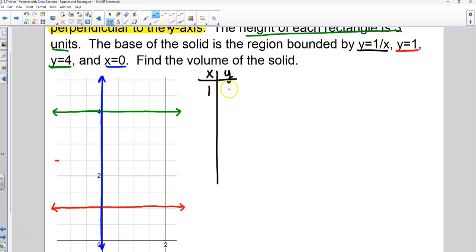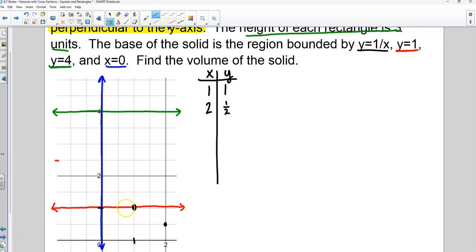I could plug in 1, and if I plug in 1, what will I get? 1. So the point 1, 1 is on this graph. If I plug in 2, what do I get? 1/2. So 2, 1/2. I'm already down below that bottom line.